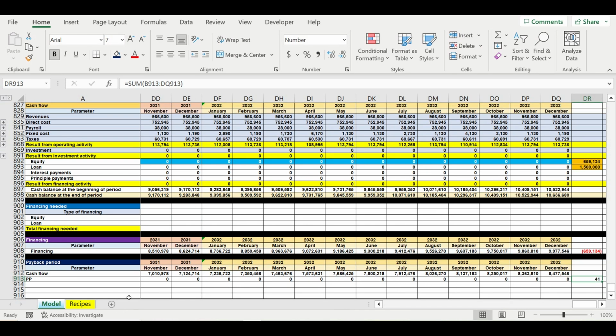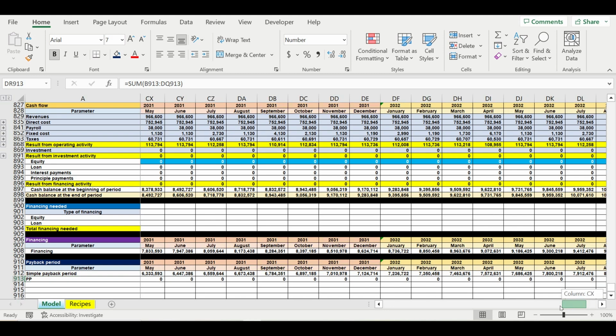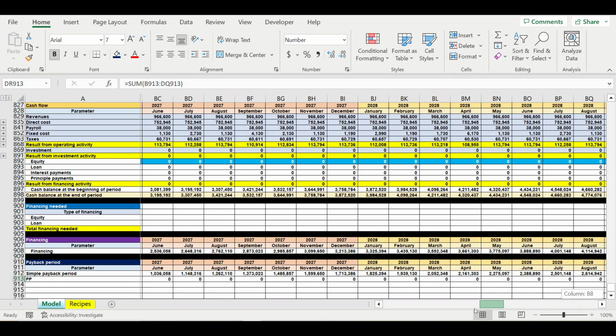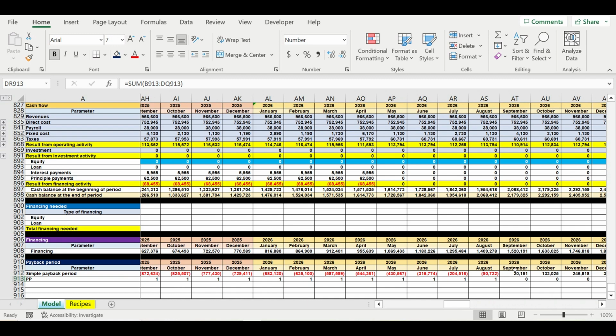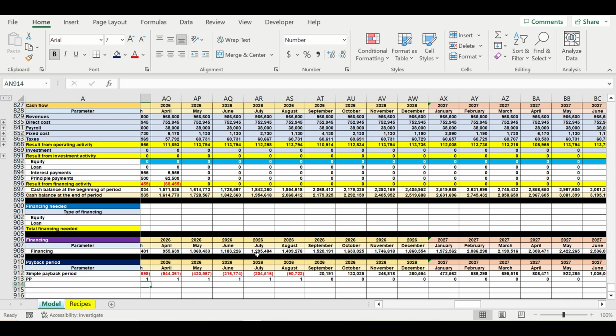And now we know that the simple payback period of this project equals 41 months. So the simple payback period is 41 months, and the moment of payback happens in September 2026, when red turns to black, when negative turns to positive.